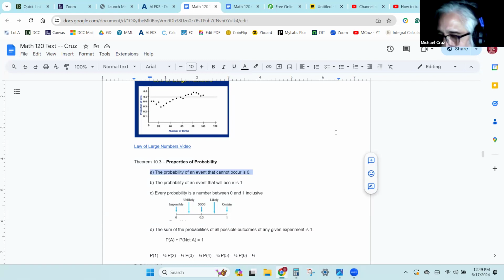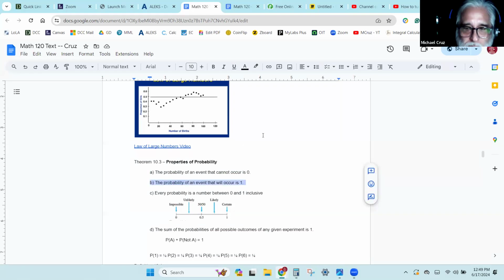On the opposite end of that is the event that will occur: probability of 1 means that it will occur.